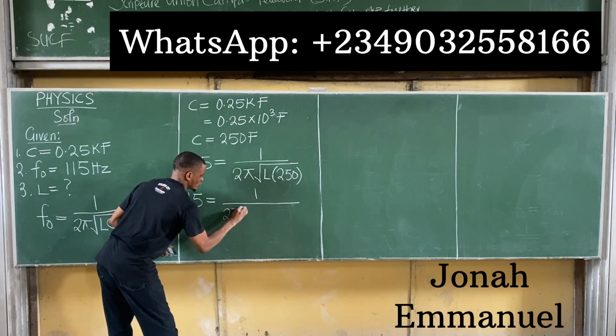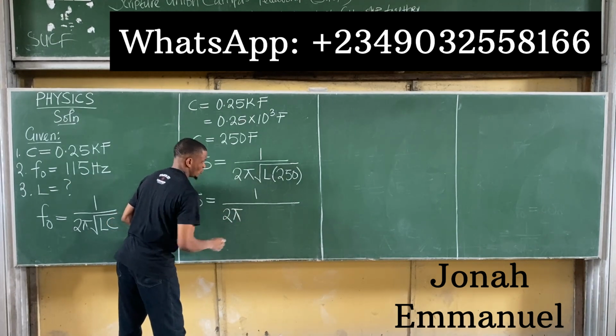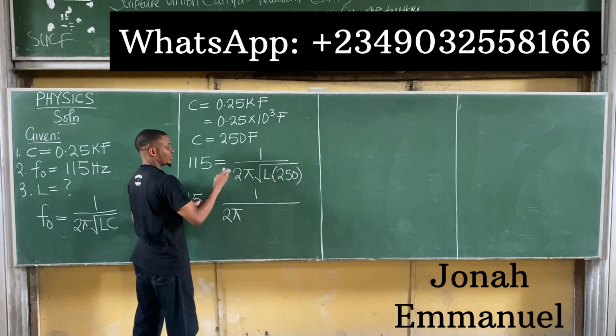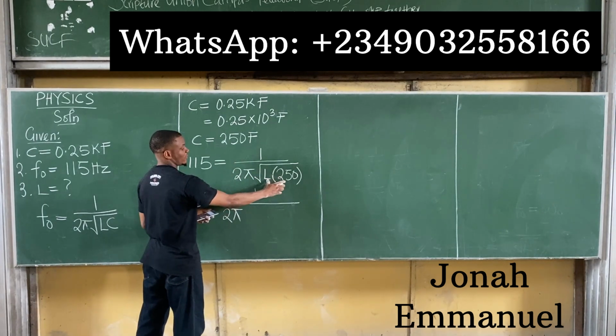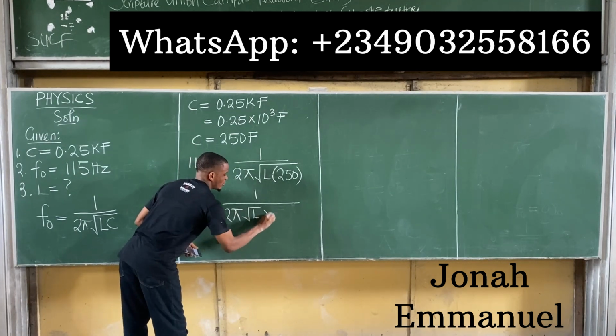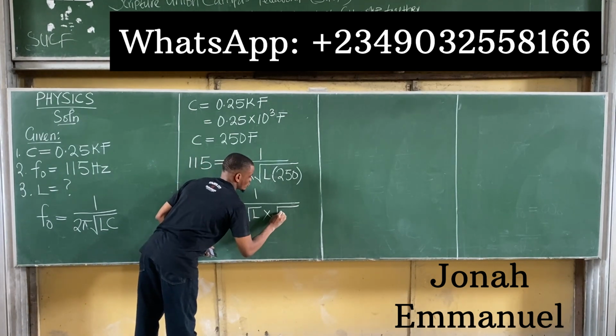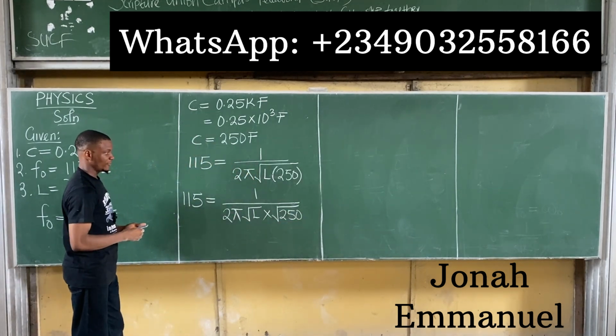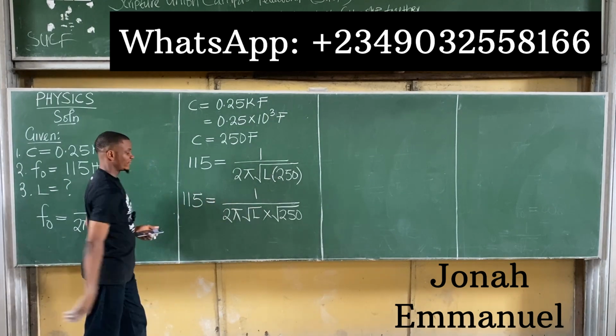So I'm having 2 pi into, now to solve this one here, it's perfectly okay to take the terms in this square root individually. That means I'm saying root L multiplied by root 250. This is perfectly correct. So you can separate them and solve like this.